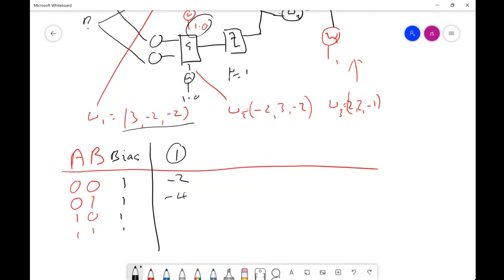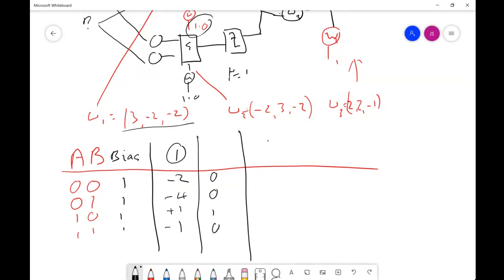For the third one, it is going to be plus 1. And for the fourth one, it is going to be minus 1. Yes? Yeah, minus 1. All clear on that? Scalar product of the weight vector with these 3 element binary vectors. And after the threshold, if the threshold is 0, it is going to be 0, 0, 1, 0.